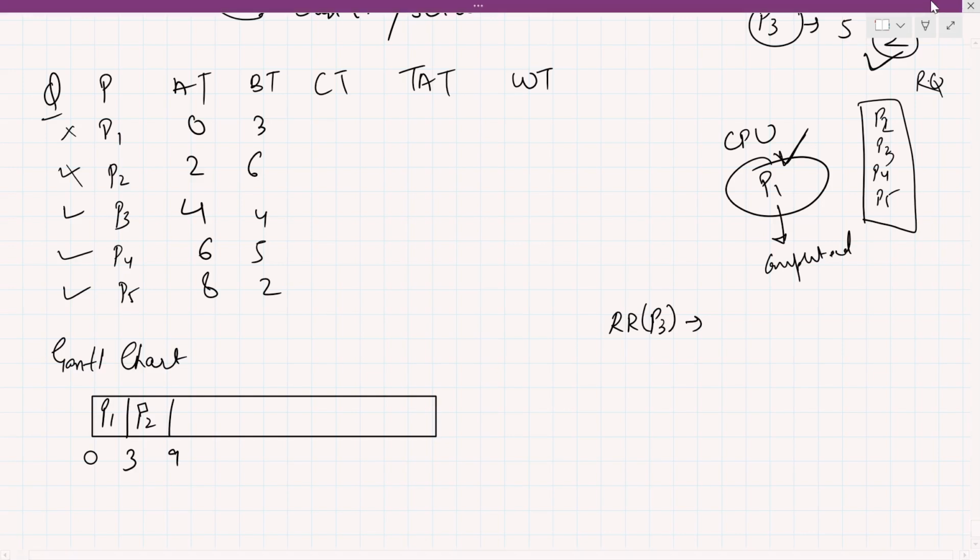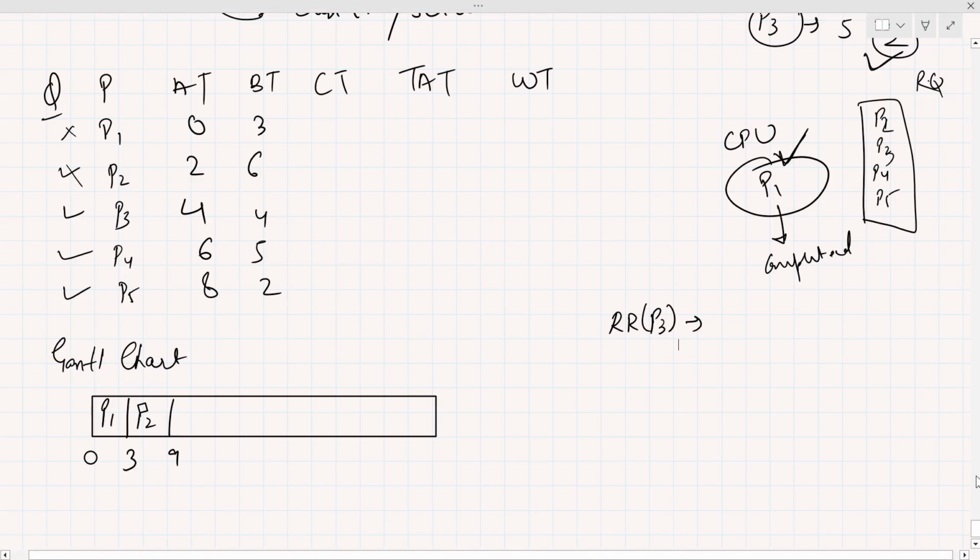Now how do we calculate the waiting time? Waiting time is calculated using the arrival time. Here it is 9 minus the arrival time, where 9 is the completion time of the current process, the previous process, which is P2.